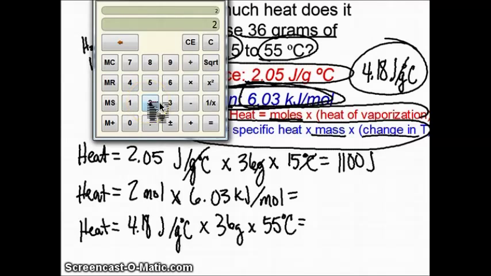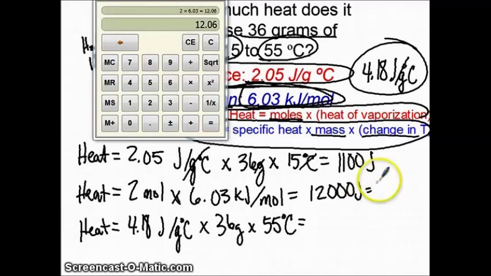Next one, we have 2 times 6.03 equals, so we're going to have 12,000 joules, because it was 12 kilojoules. So those are the same. I'm just keeping it in joules so we can add these at the end.